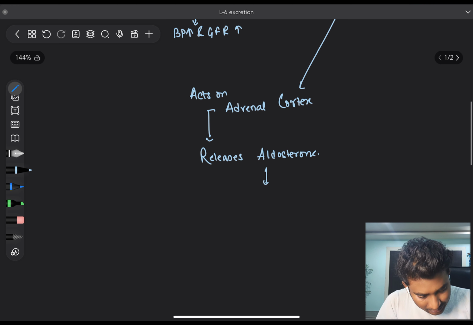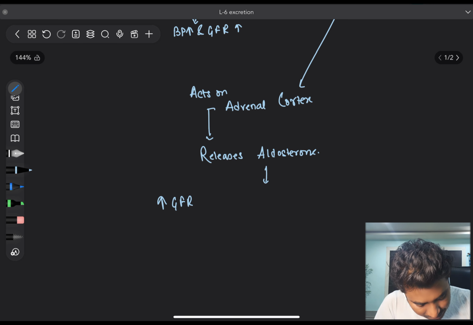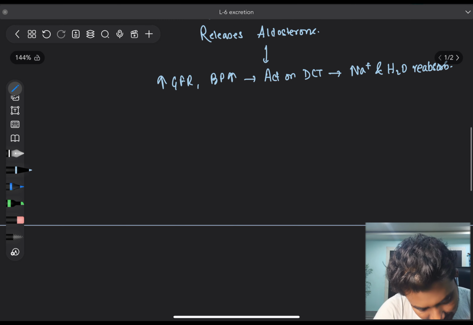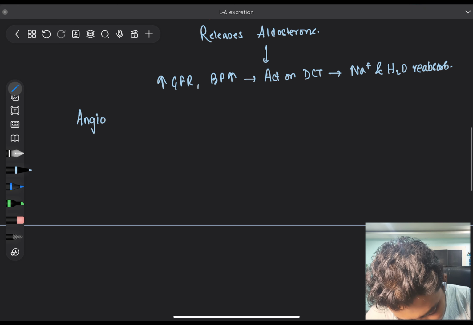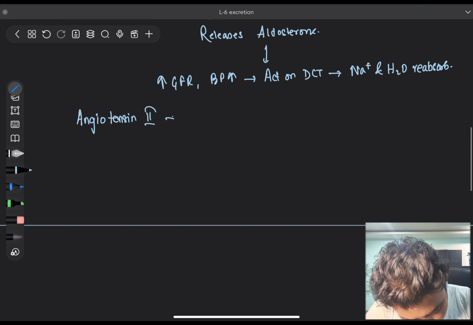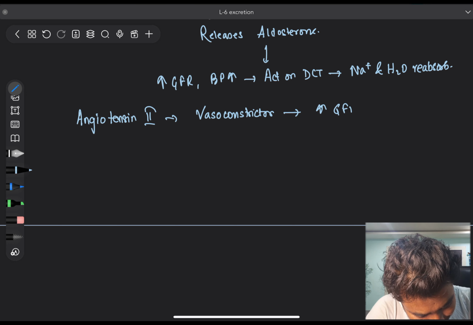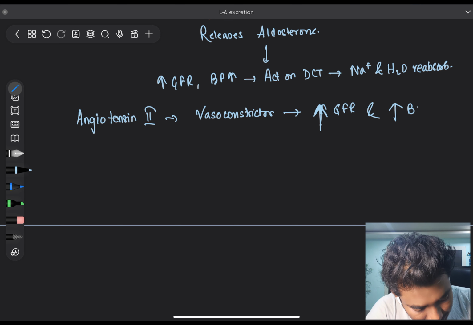Releasing aldosterone makes the GFR increase, the blood pressure increase, and acts on the DCT, so sodium and water are reabsorbed. Finally, angiotensin 2 functions as a vasoconstrictor, which results in increased GFR and increased blood pressure.